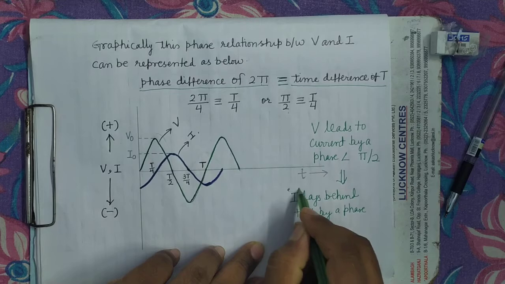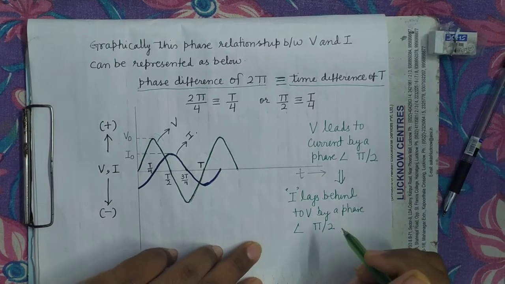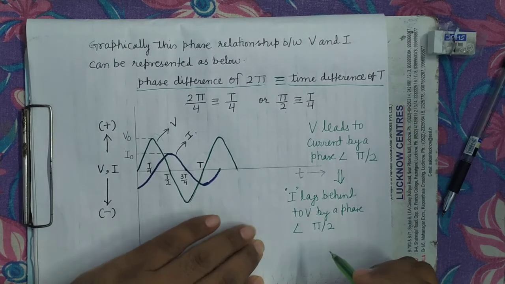Means the current is lagging behind the voltage by a phase angle pi by 2.